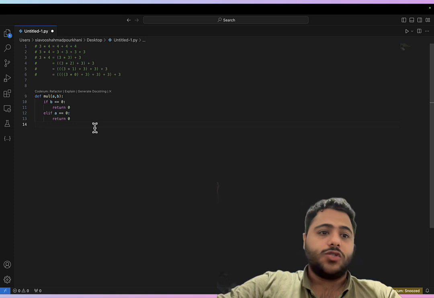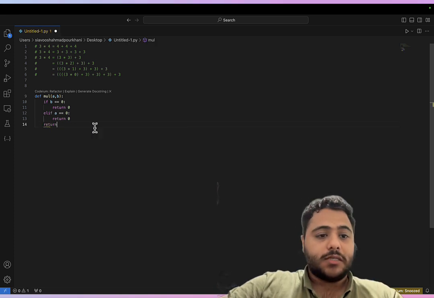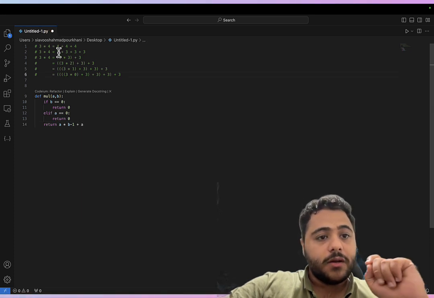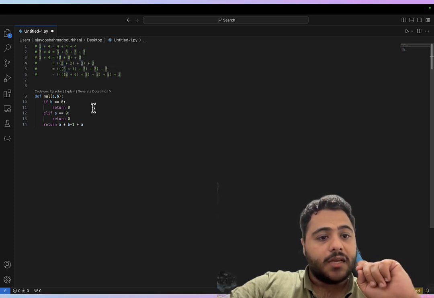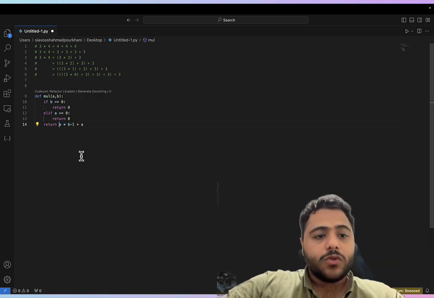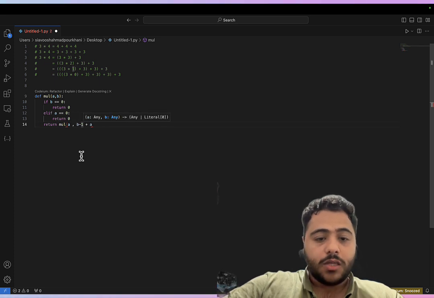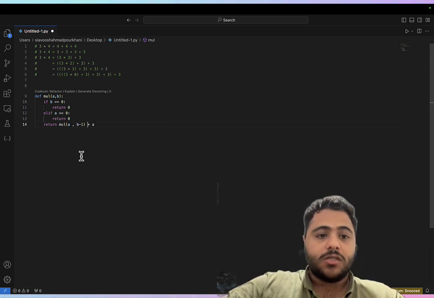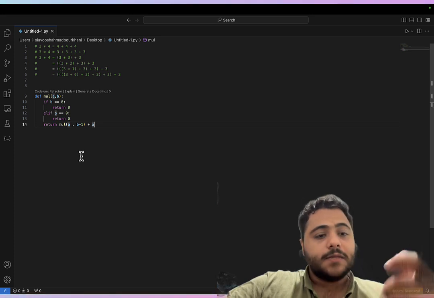What about the other situation? You could just write A times B minus 1 plus A, just like here, A times (B minus 1) plus A itself. But this multiplication you could just replace with mul. So I'm going to write mul A and B minus 1, and the result, whatever it was, just added with A, and simply that's the result.